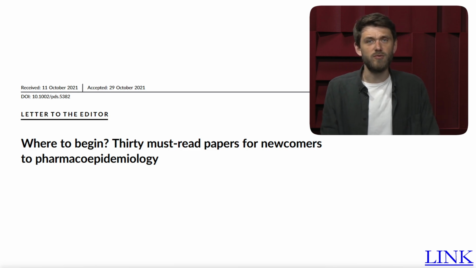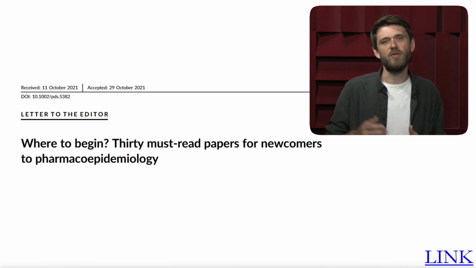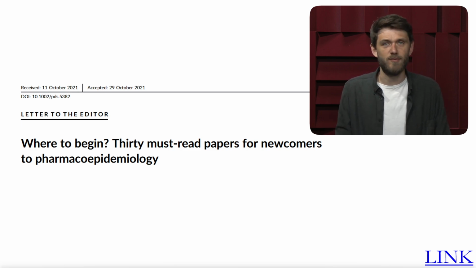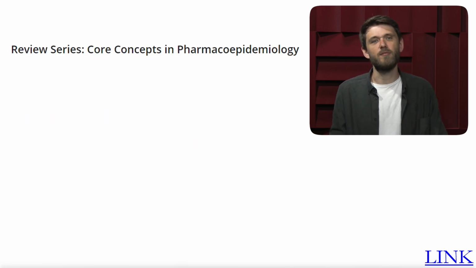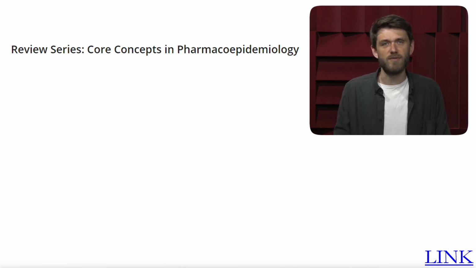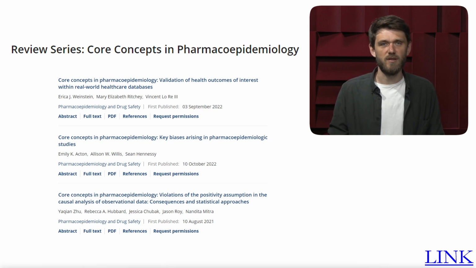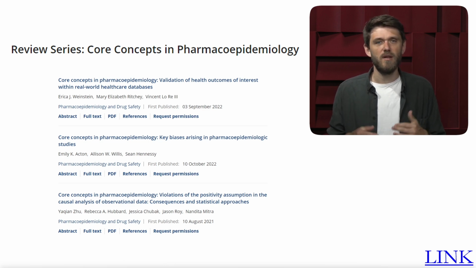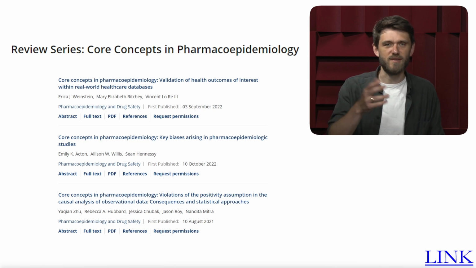So here we've tried to curate a list of 30 papers that will specifically be tailored to the needs of a new pharmacoepidemiologist. In addition to these 30 papers, I will highly recommend the review series called Core Concepts in Pharmacoepidemiology. This is a series of papers published by the journal Pharmacoepidemiology and Drug Safety, and include papers such as the validation of health outcomes, or key bias arising in pharmacoepi studies, or visualization of positivity assumptions, just as a few examples listed here.